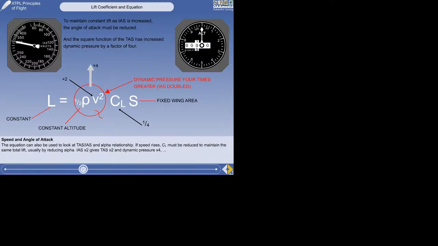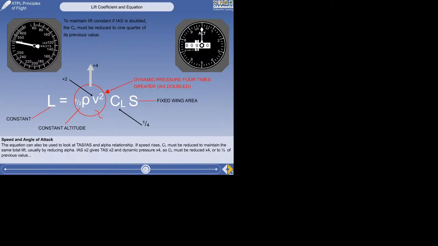If indicated airspeed is doubled, here from 150 knots to 300, the TAS also doubles, increasing dynamic pressure by 4. If dynamic pressure is increasing by a factor of 4, then to maintain lift at a constant, the CL must be reduced by the same factor.